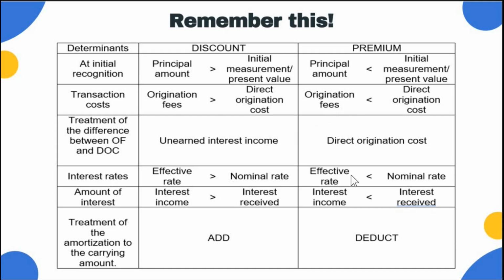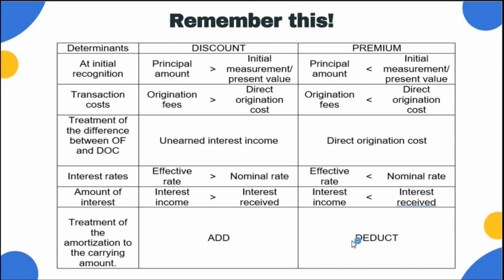Take note that the effective rate is less than the nominal rate. So, kung mas maliit ang effective rate compared sa nominal rate, of course, yung interest income niya ay mas maliit compared to the interest received. And every time you amortize, since mas malaki yung amount ng initial measurement compared sa principal amount, you have to deduct it from the carrying amount.